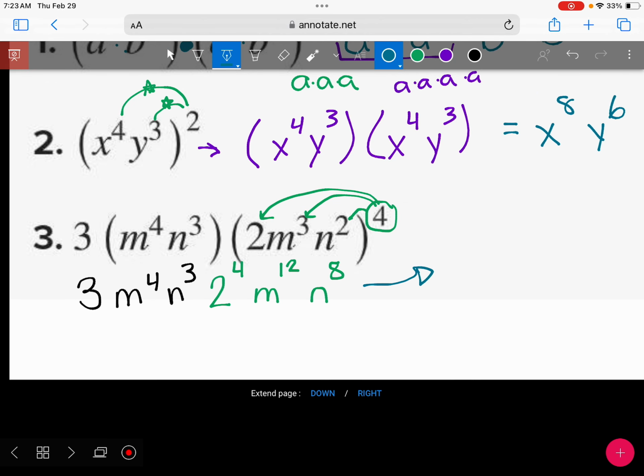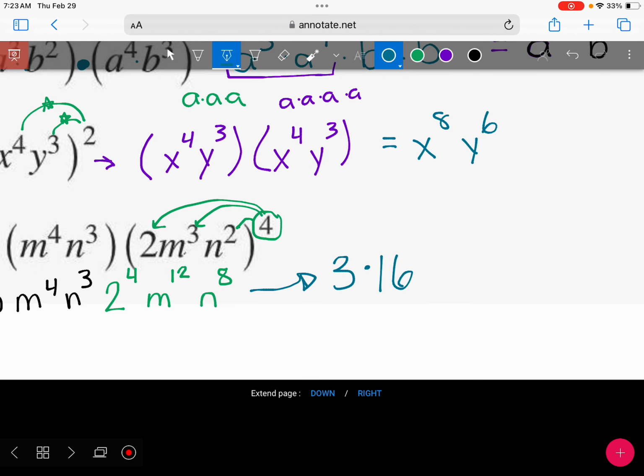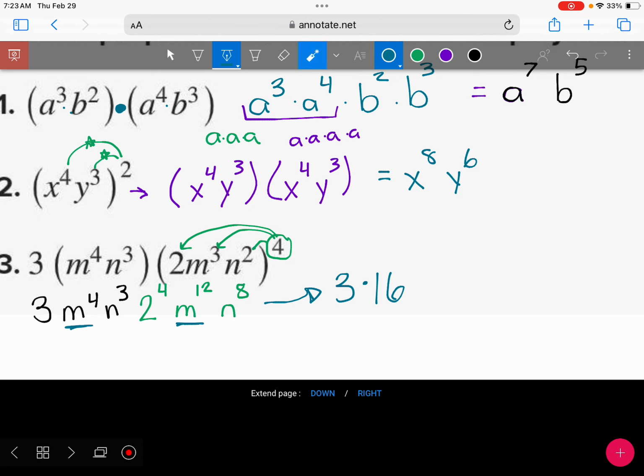Then we're going to do just like we did on the first one, where we combine our like terms. So we're going to have our 3 times 2 to the fourth. What is 2 to the fourth? 2 times 2 times 2 times 2. 16. We're going to have 3 times 16. M to the fourth and m to the 12th.